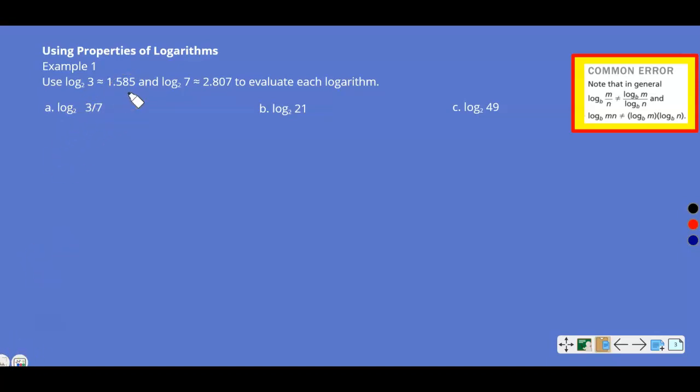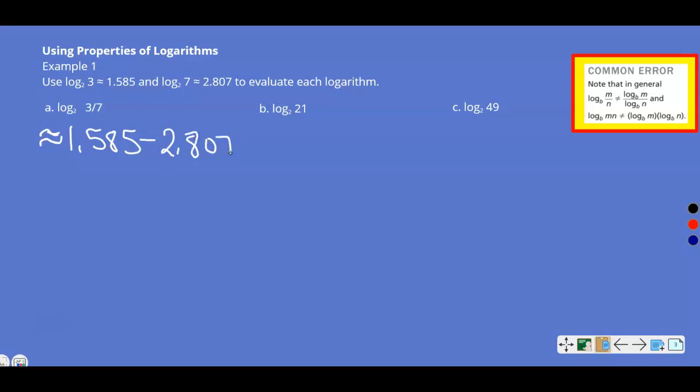Remember, a quotient of a logarithm says that we have to subtract. So using our properties of logarithms, we can say this is going to be approximately 1.585 minus 2.807.